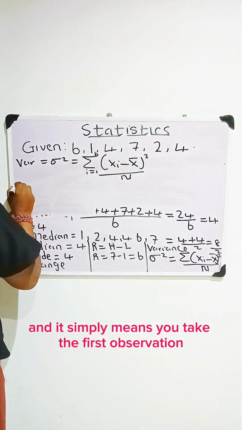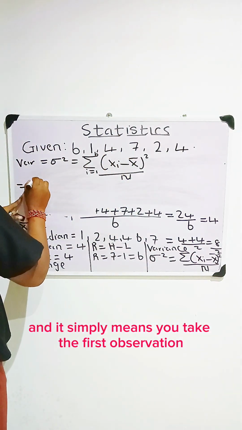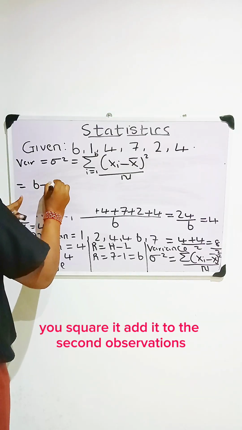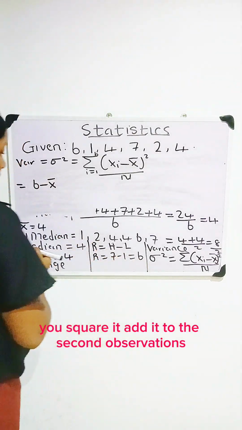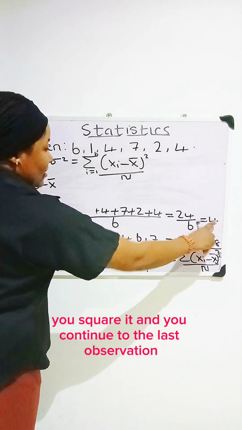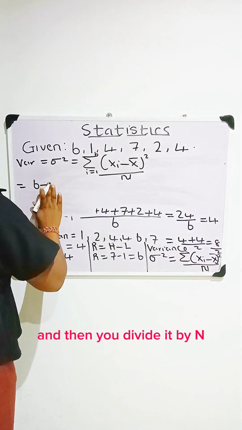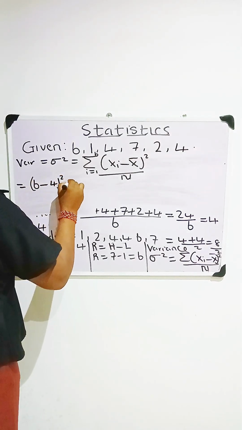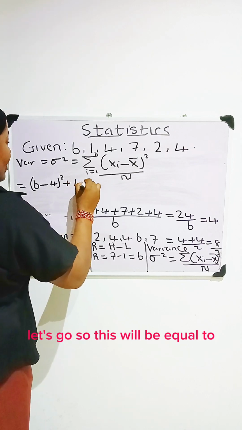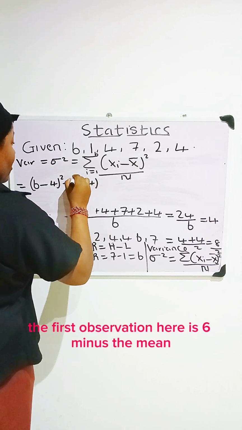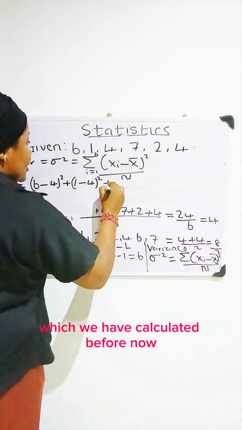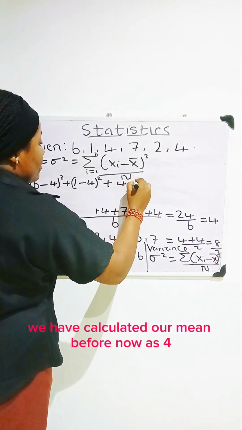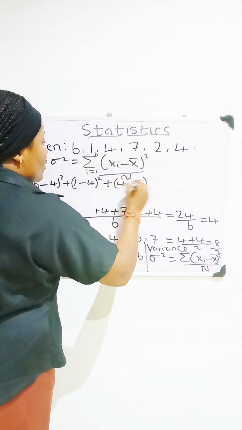Okay, so let's go. So this will be equal to the first observation here, 6, minus the mean, which we have calculated before now as 4, squared, plus the second observation, 1, minus the mean, which is 4, squared. The third observation is 4 minus the mean, which is 4, all squared.